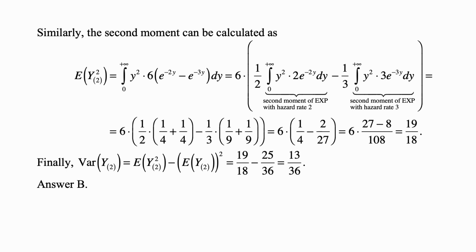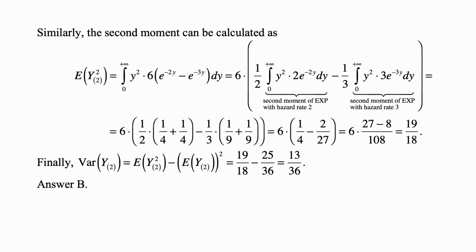And then we subtract 1/3 of the integral from 0 to plus infinity of y squared times 3e to the minus 3y dy. And then, of course, 3 times e to the minus 3y is the probability density function of the exponential distribution with hazard rate of 3.